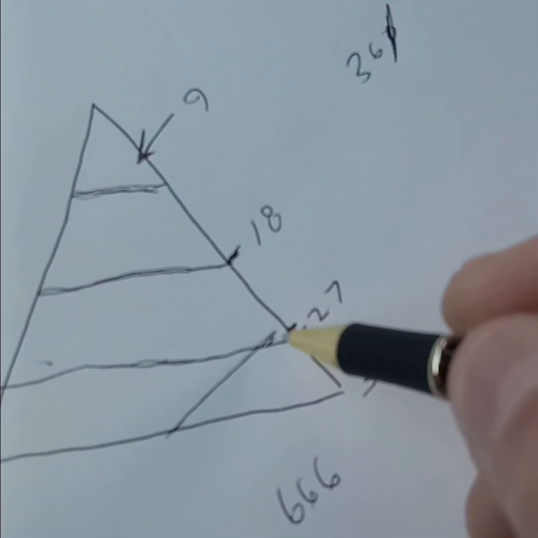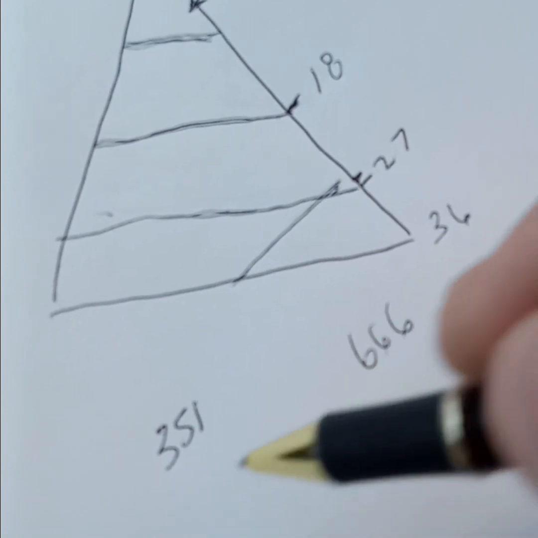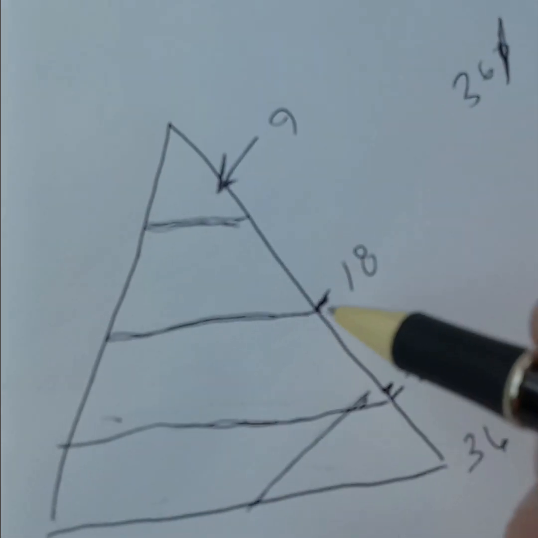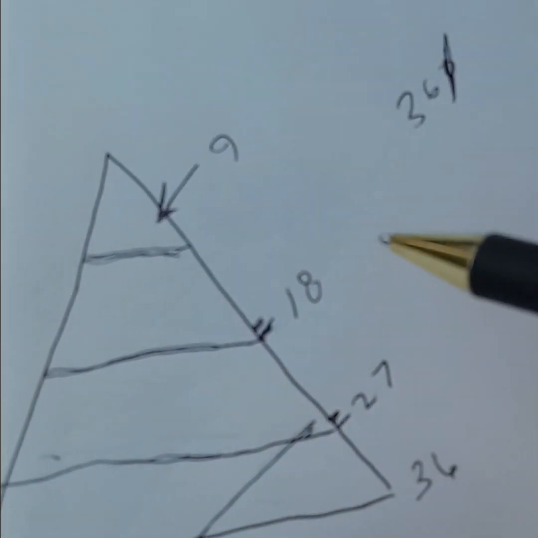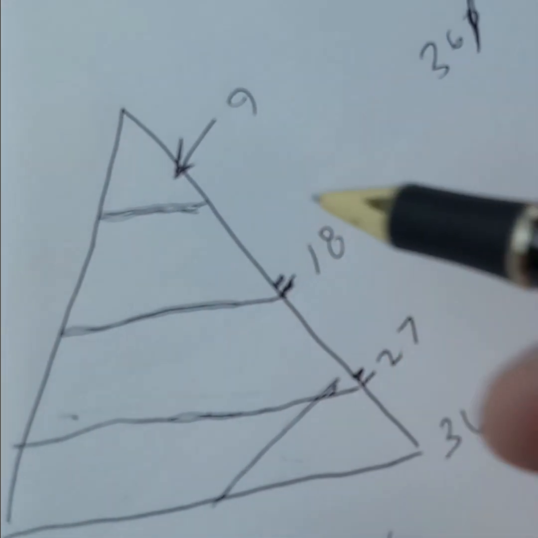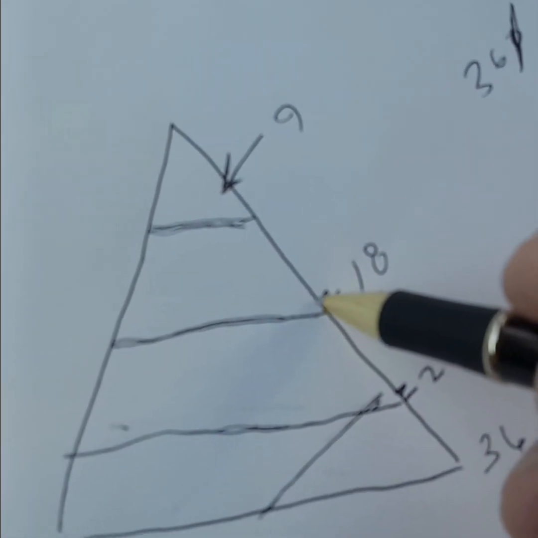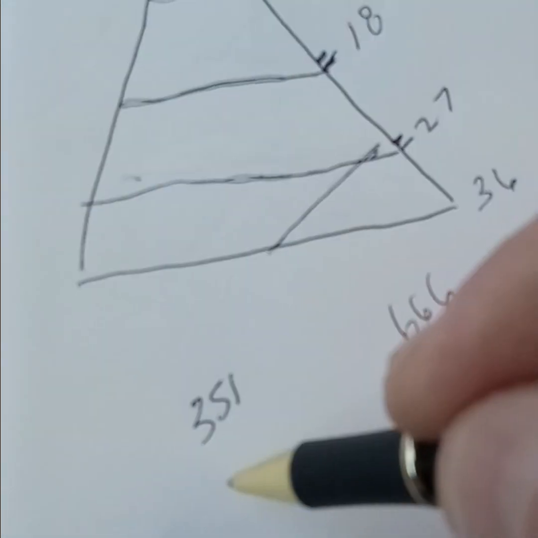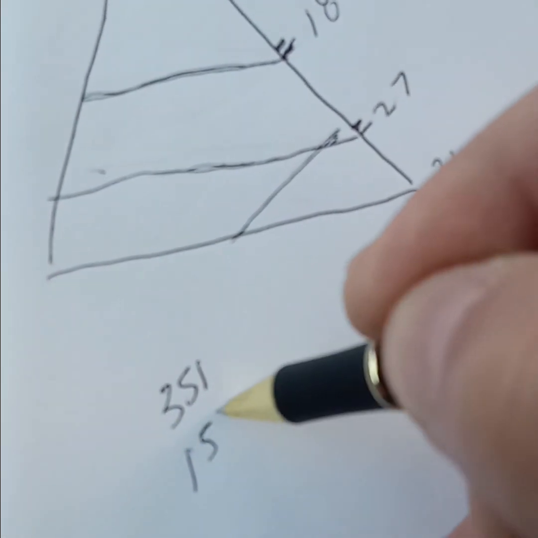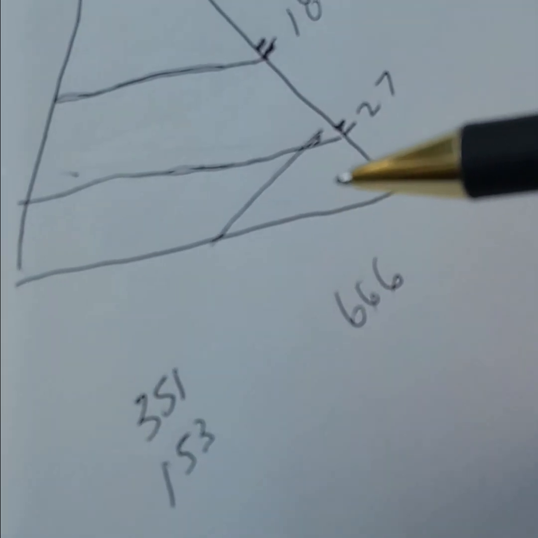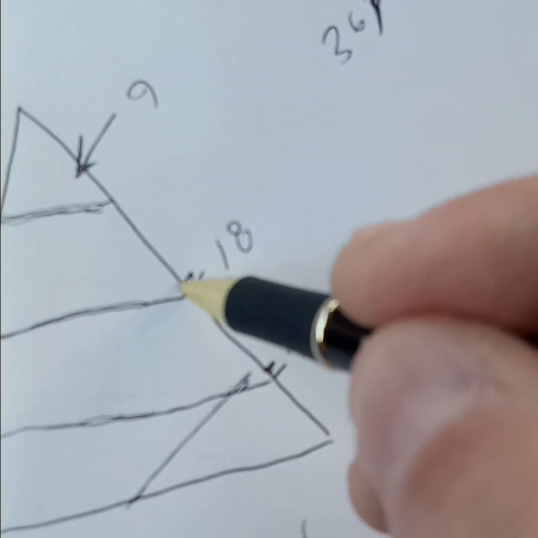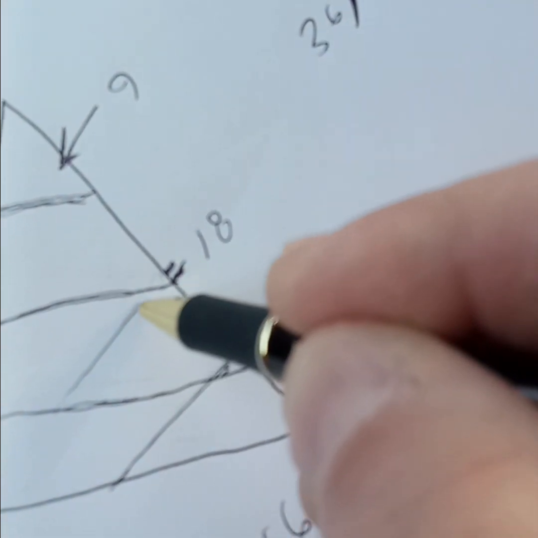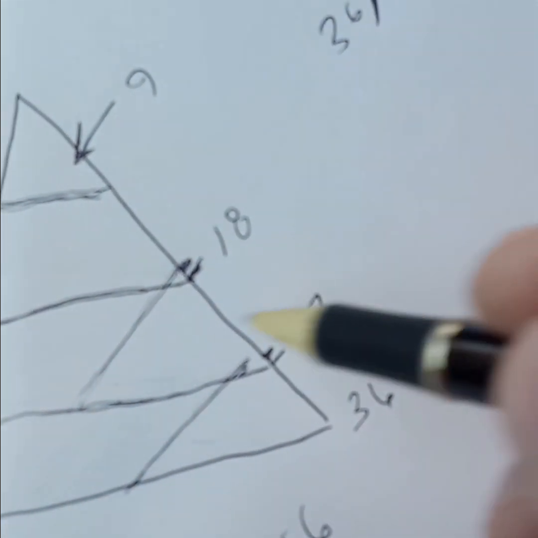And the reason why 351 is important is because if you go up to the 17th, one spot above the midpoint of this, the triangular number for the 17th row is 153. So what you end up with is this mirroring within this triangle.